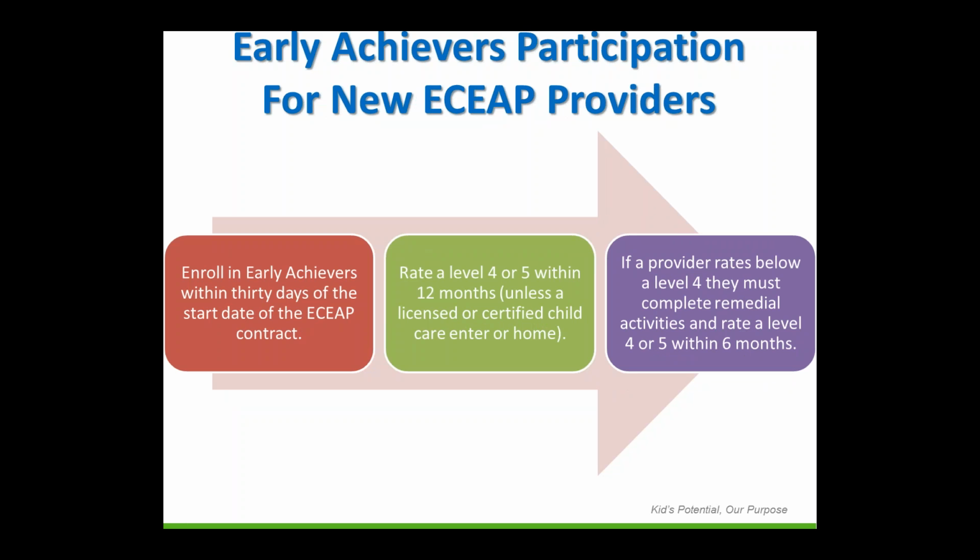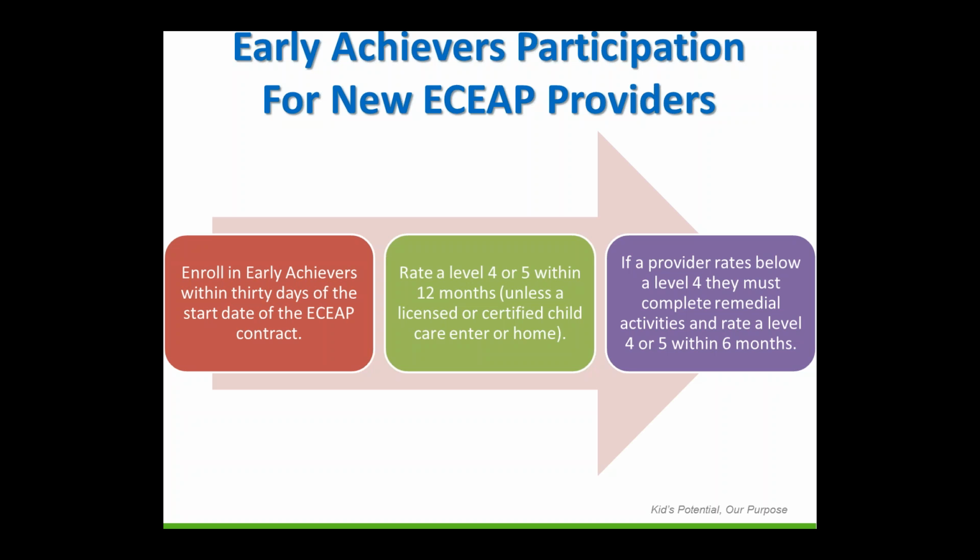Now this is the slide for Early Achievers participation, and this is for new ECEAP providers, new sites. So these new sites need to enroll in Early Achievers within 30 days of the start of their ECEAP contract. And then they have 12 months to rate a level 4 or 5. And that's unless we're talking that the site is a licensed or certified child care center or home.